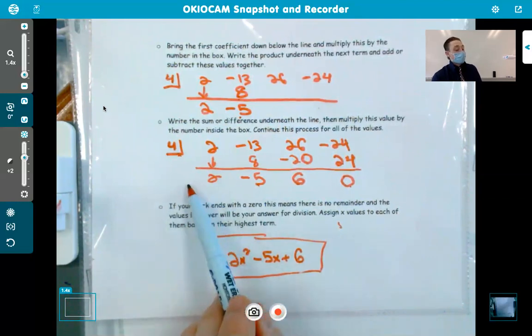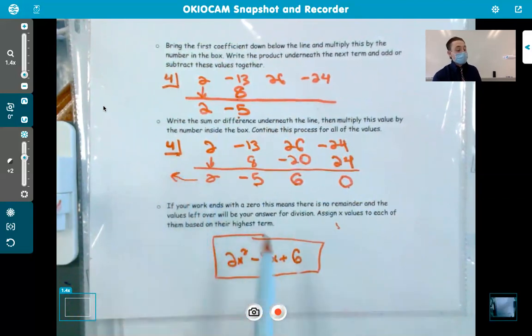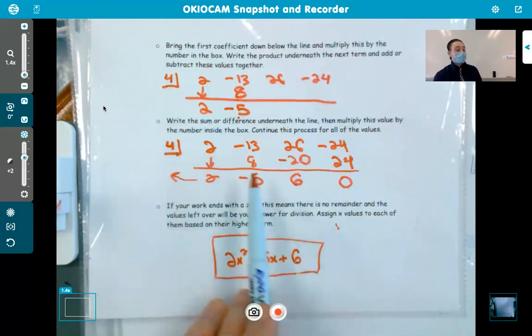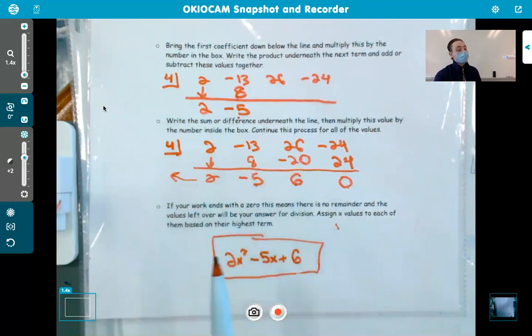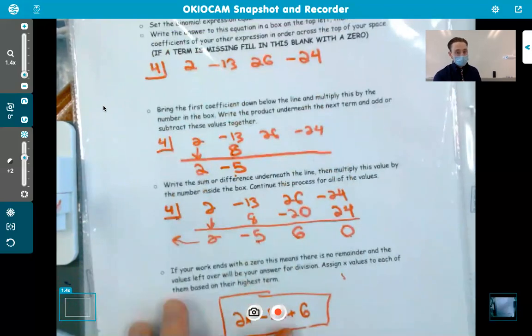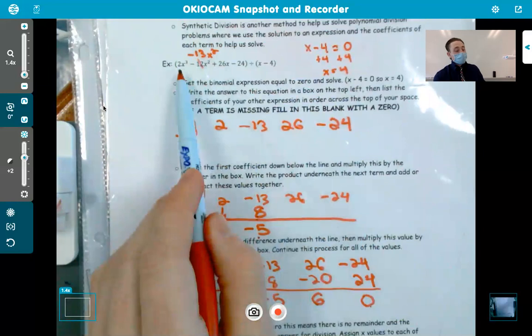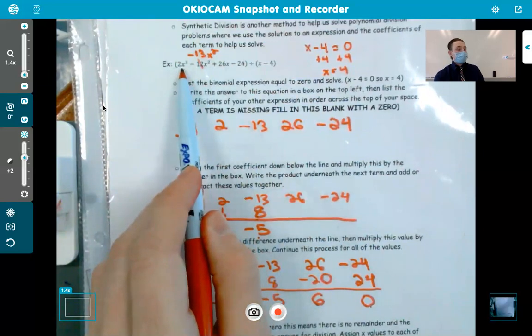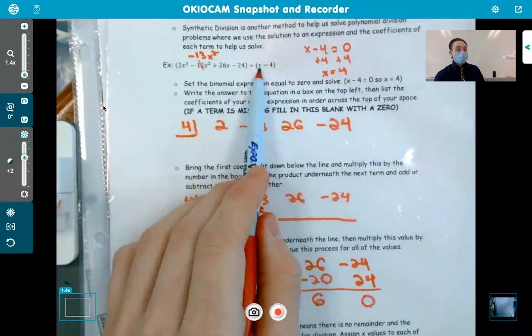So notice that we don't have any more terms going in this direction, right? So you can only go as high as the amount of terms that you have, right? So there is no x cubed term. You might see examples where you only have an x and a constant term, right? It's just a matter of how many terms you have. In fact, one thing that you might want to keep in mind, notice that you start with an x cubed and you're dividing by an x term.